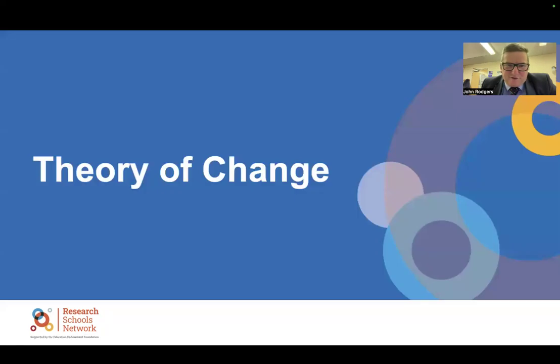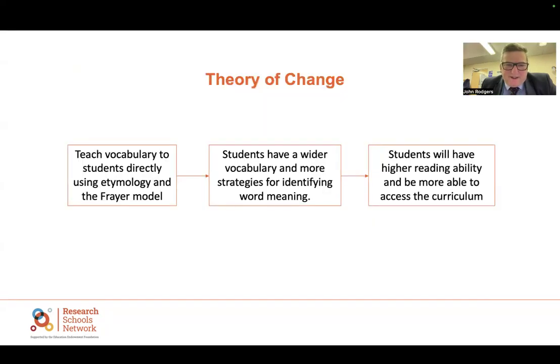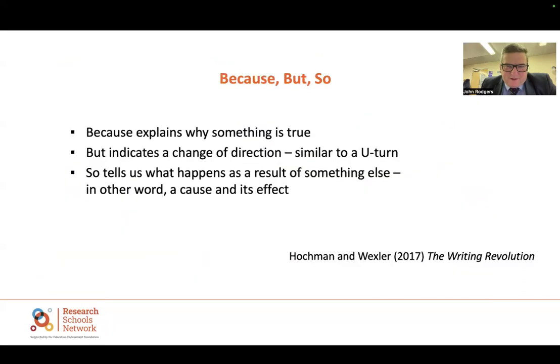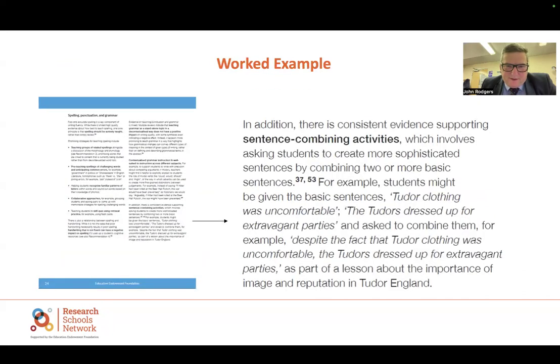Right, we're going to scooch through school B. All right. So I think there's another activity. This is a good example of sentence combining activity. So there's a few little different strategies at the end here. This is a really good one. I like this example. Tudor clothing was uncomfortable, and separate sentence, the Tudors dressed up for extravagant parties.